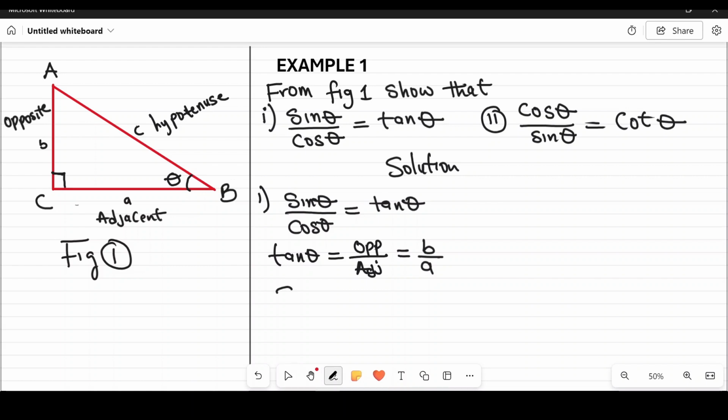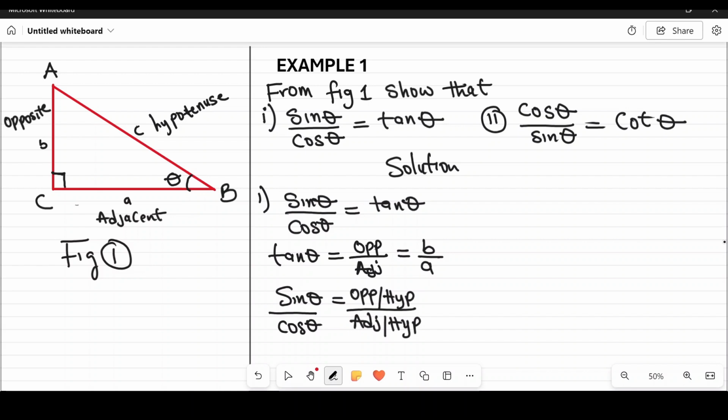Thus, sine theta is equal to opposite divided by hypotenuse, and cos theta is equal to adjacent divided by hypotenuse.